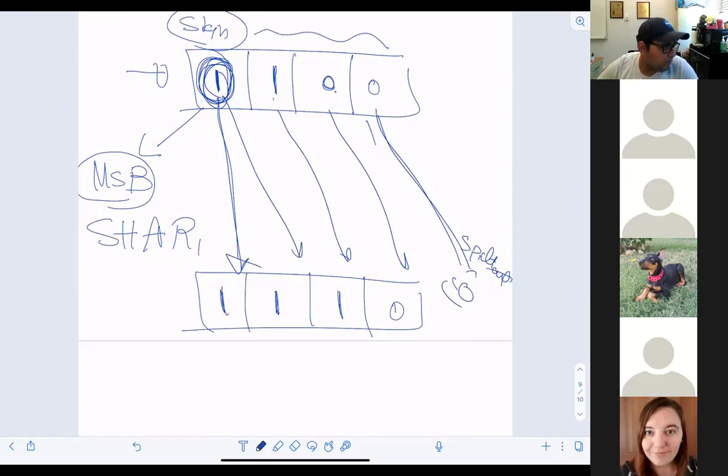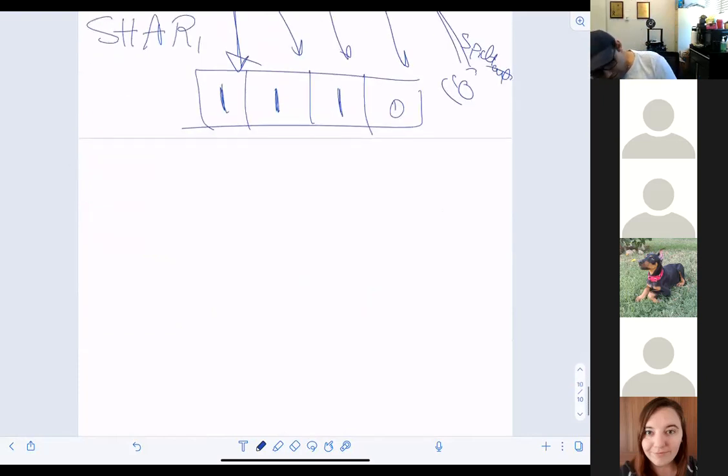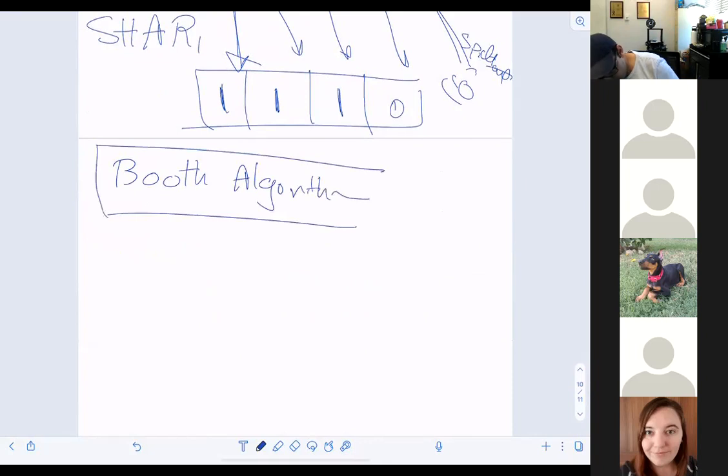What uses this? There is something famous in multiplication, but for signed values. It's called the Booth algorithm.